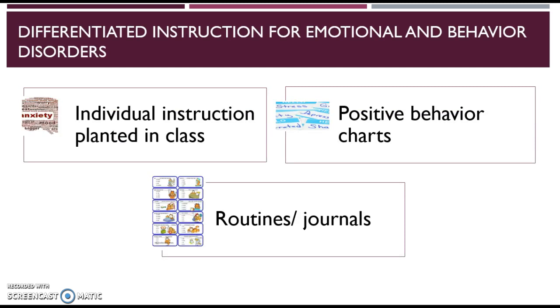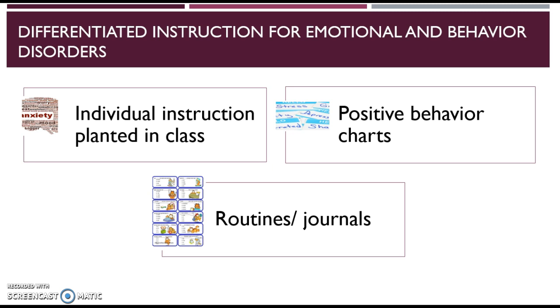And instruction for emotional and behavior disorders can include routines. Routines is a big one where they're able to do the same thing every single day, so they're aware and there's no changes that could disrupt their emotional or behavior disorders. Making them have responsibilities, maybe a task every day, a job, a to-do, makes them in charge and makes them want to be responsible.